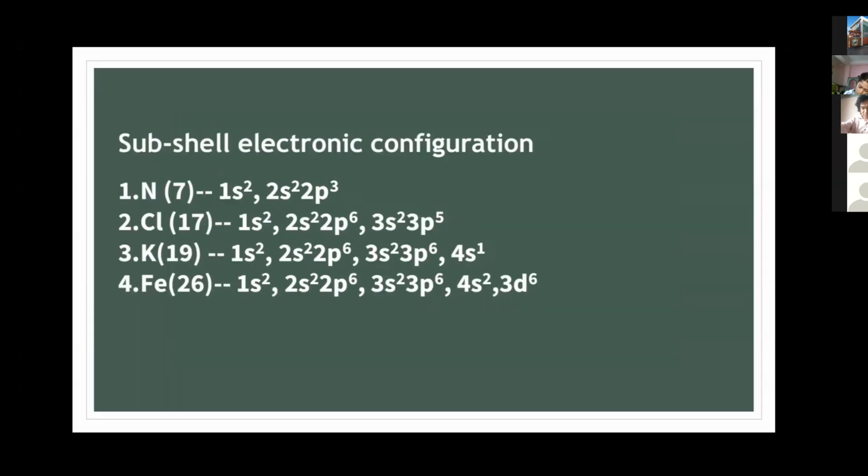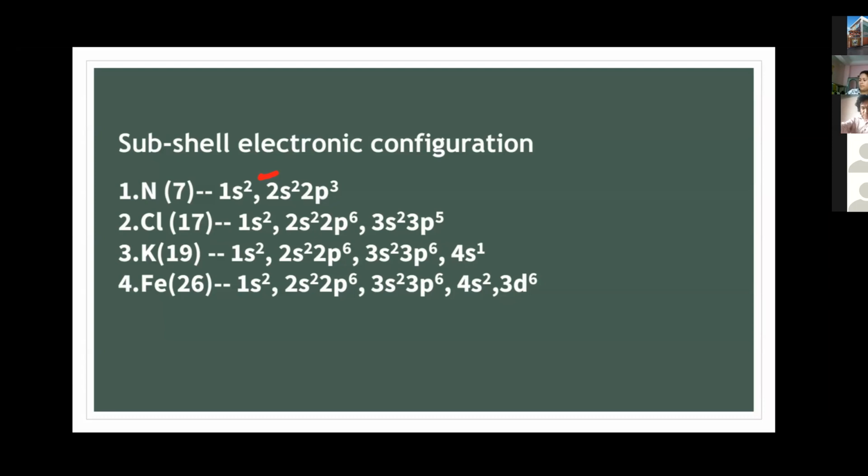Altogether there are 7 electrons in nitrogen. So 2 electrons we keep in the subcell of the first orbit, so it is 1s2, and still 5 electrons are left. So we go to the second orbit, and in the second orbit, between s and p, s comes first because s is a lower subcell than p.